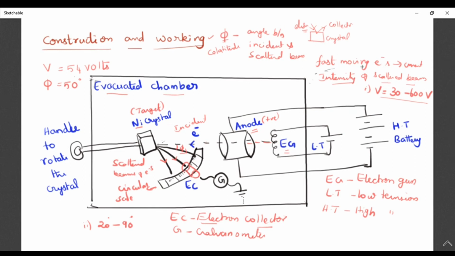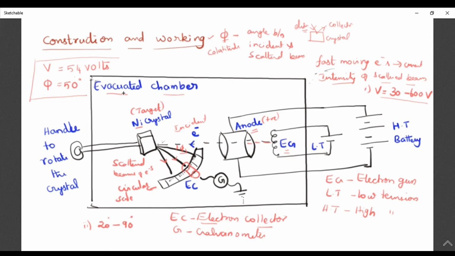At one particular point, that is voltage equal to 54 volts and phi equal to 50°, they observed the sharp curve in the graph. This is the main evidence to prove the fast moving electrons are behaving as a wave. So now we completed the construction and the working part of the Davisson and Germer experiment.